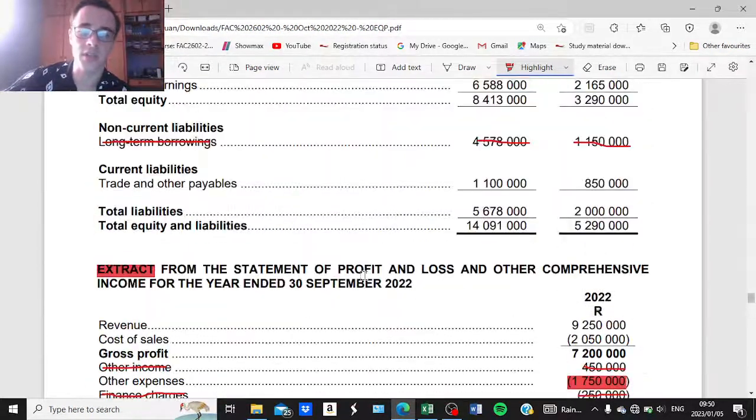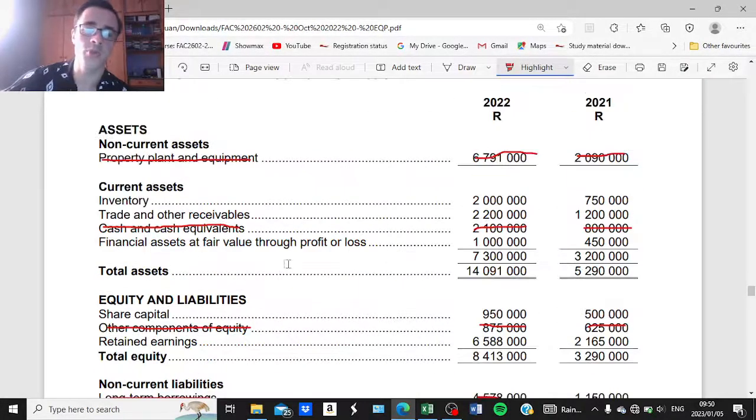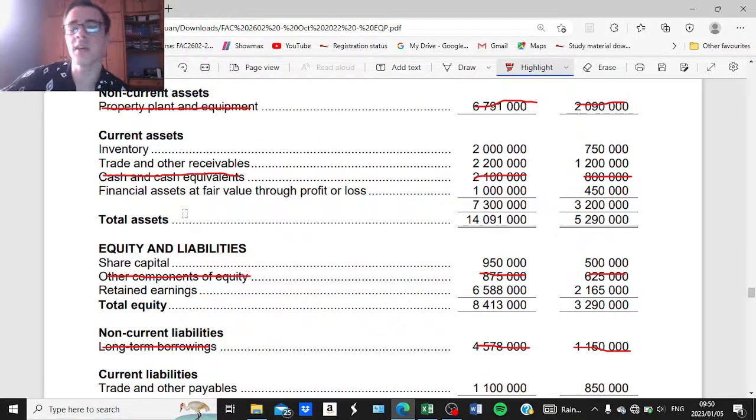And as you should know, the allowance for credit losses is subtracted from the trade and other receivables balance, in order to reflect the net trade and other receivables amount. So these two amounts right here are the net amounts for trade and other receivables, after the allowance for credit losses has been taken into account. So please remember that when we are going to draft the general ledger account for trade and other receivables.